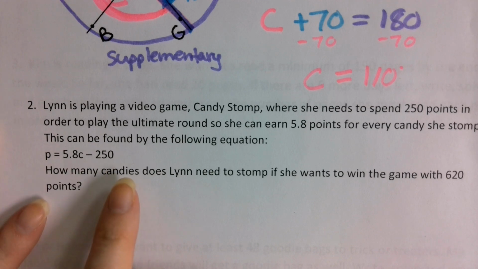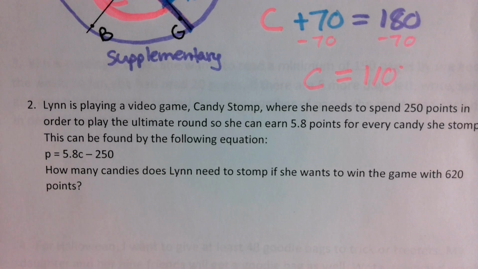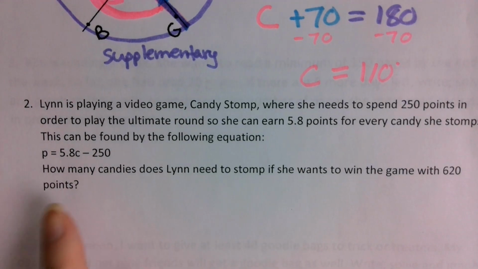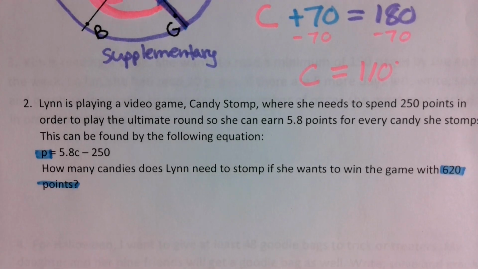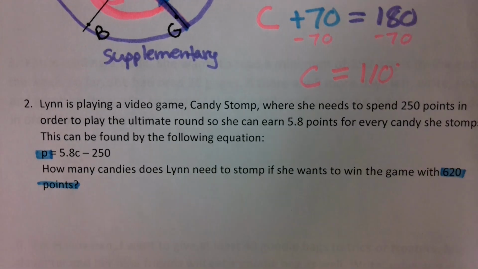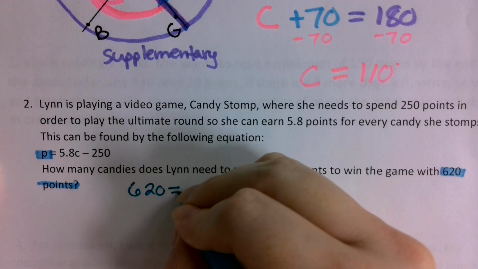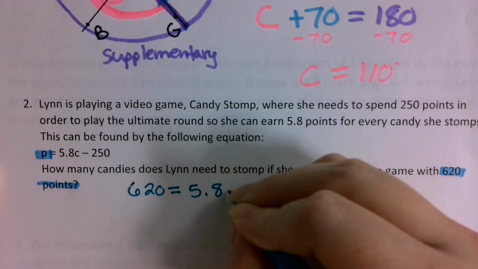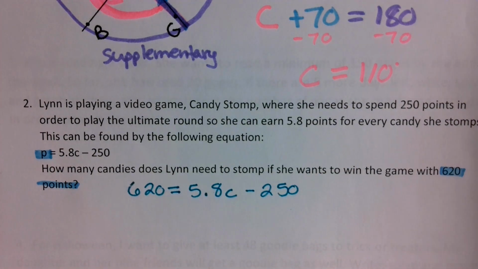We want to know how many candies does Lynn need to stomp if she wants to win the game with 620 points. So points, P, is going to be replaced with 620. So I'm going to rewrite this to say 620 is equal to 5.8C minus 250. And now all I have to do is solve it.